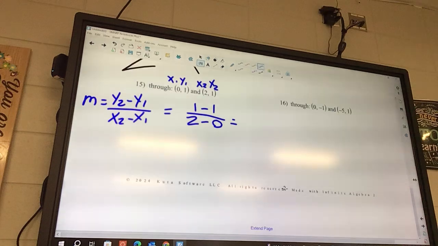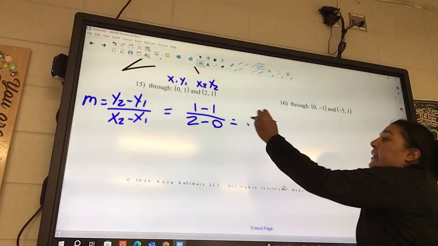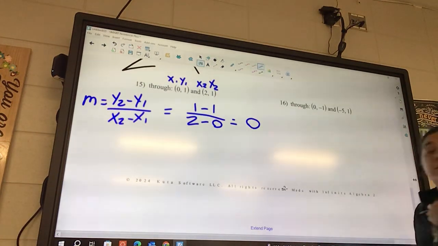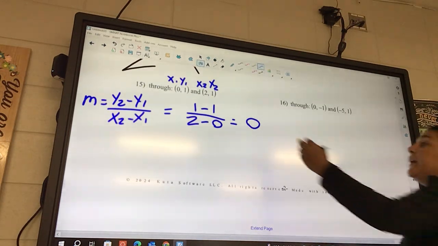That's right. 0. Okay, what is 0 though? What were we finding? The slope, or what letter is that? M. Okay, this is my M.